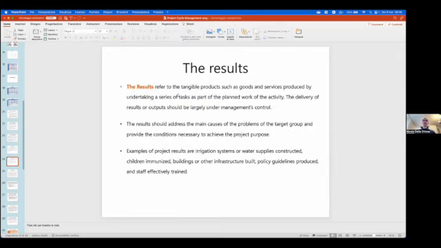The results are lower level objectives, so they are more tangible products of our activities. For instance, irrigation systems constructed, children immunized, infrastructure built.